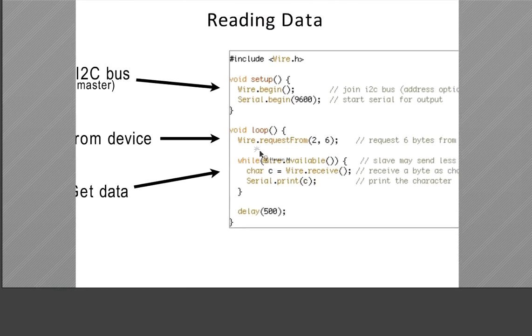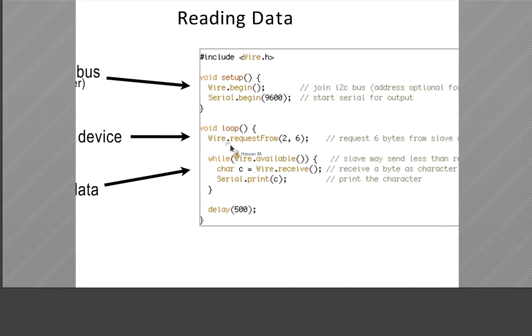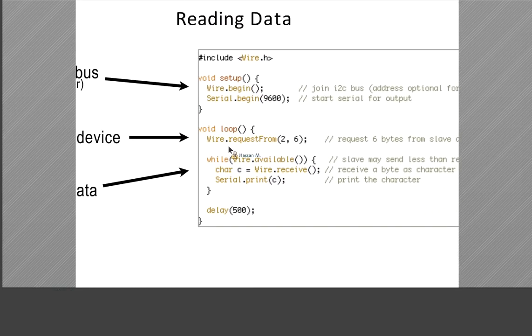Here is another one, reading data. We had writing data, here reading data. Both of them are started by the master, not a slave. Here, include Wire.h. This is the file for using Wire and for I2C.